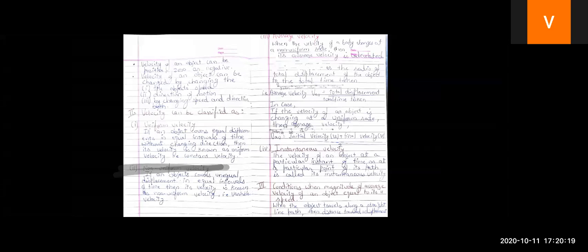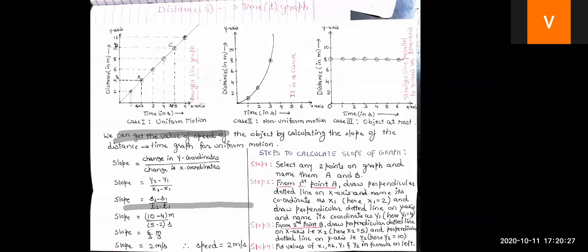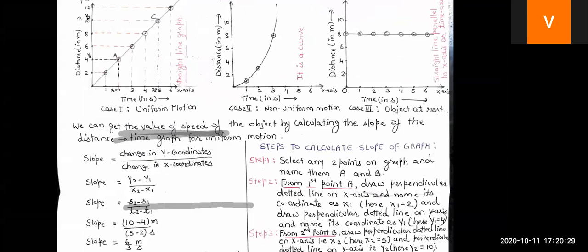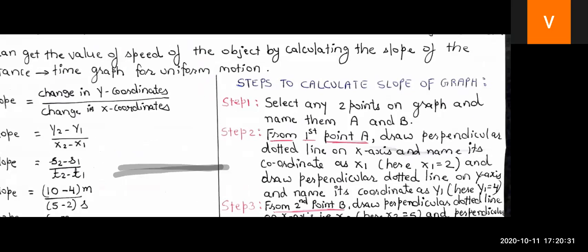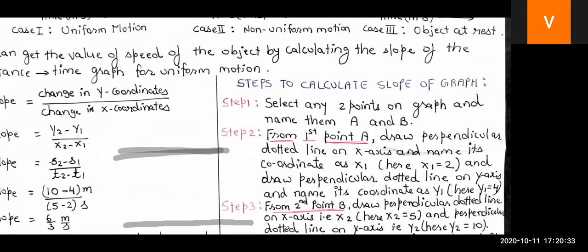So let me summarize how to find out the slope of a graph. So children, for finding out the slope, the first and foremost step is you need to select any 2 points on the graph line. Whichever is your graph line, first step you will select 2 points and you will name them A, B, right?